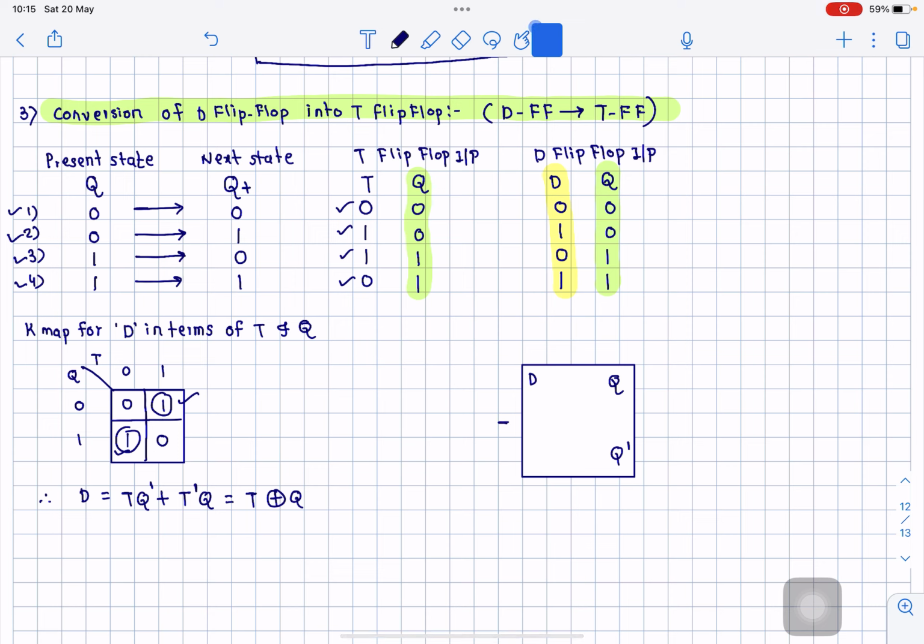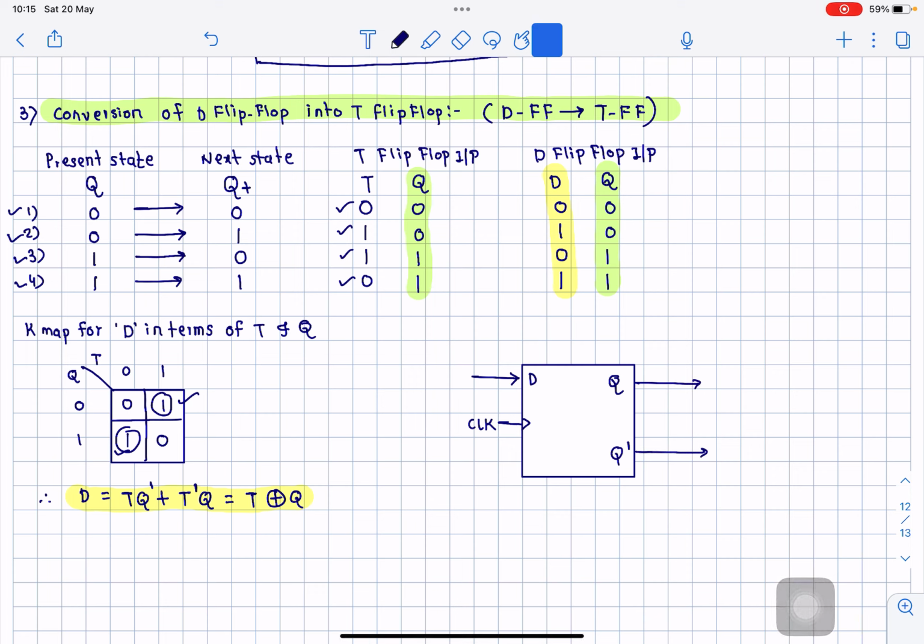And this is, let us say, the clock input, the clock signal, common signal. So what input should you give at D? We already found this equation. Okay. So D is equal to T XOR Q. The two outputs are Q and Q dash.